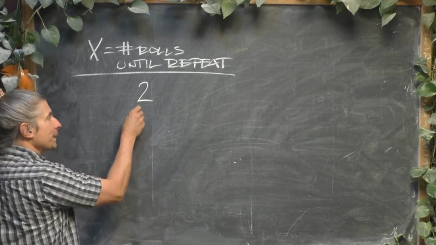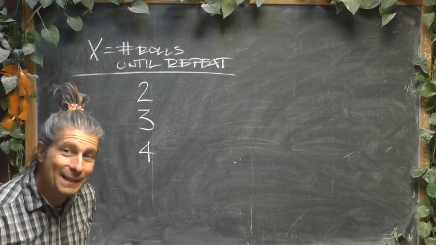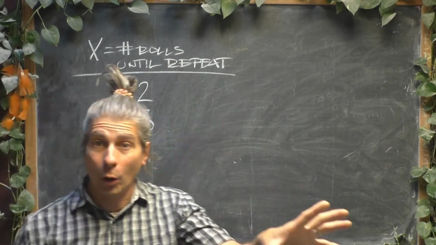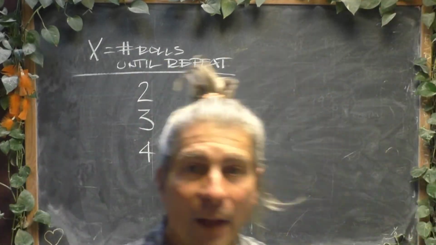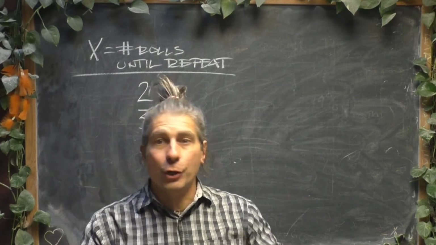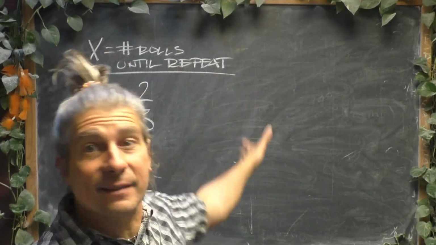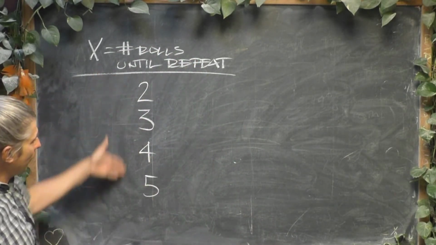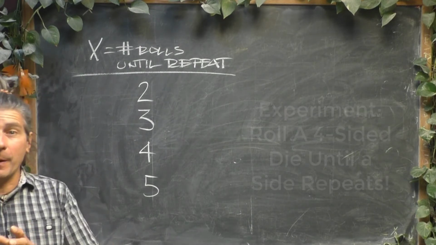Now we did see 3, we also saw 4, and it's possible to see 5, because you could roll each of the sides once, like for example 4, 1, 2, 3, and then whatever you roll next is going to repeat something you already saw. So those, my dear friends, are all the possible values of this random variable.